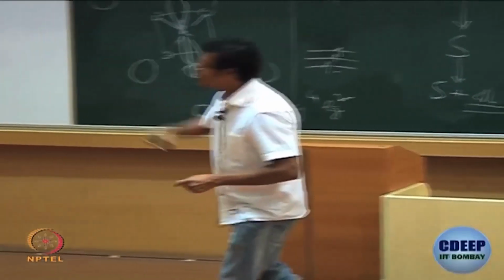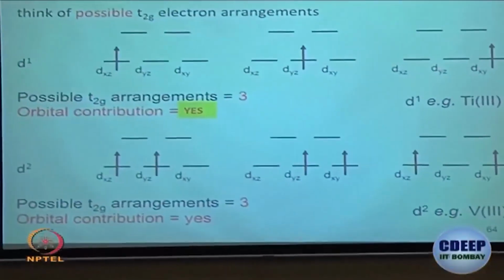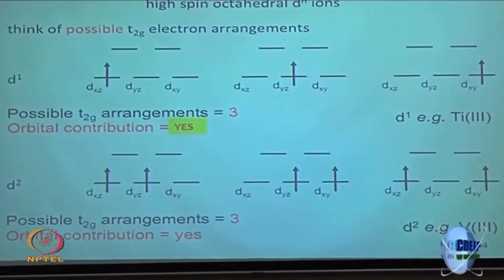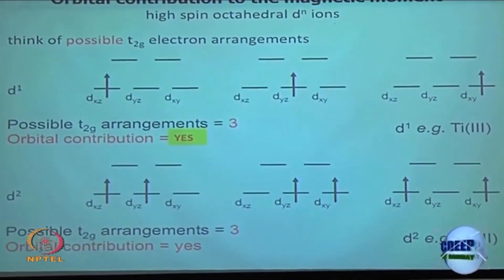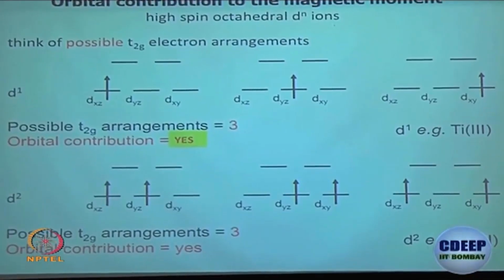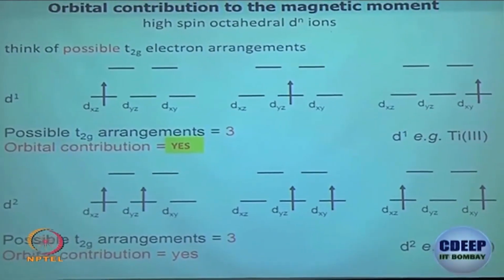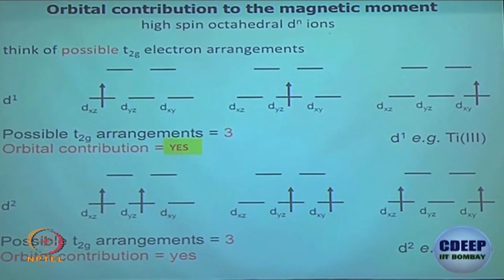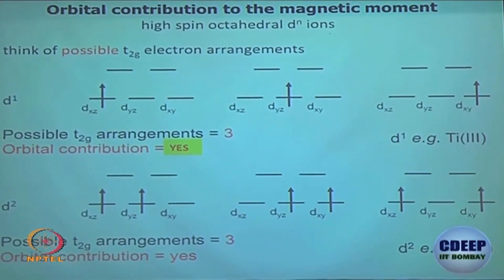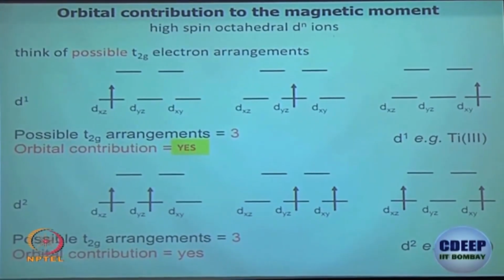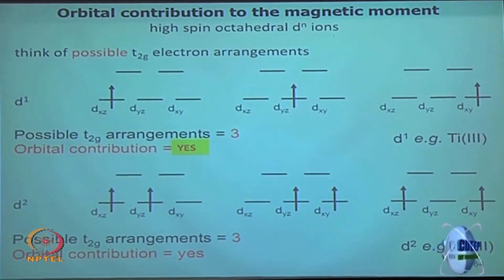Now, in the d2 orbital, as you see, once again, there are three different ways the electrons can be distributed, and therefore these degrees of freedom should give some sort of magnetic moment value, and that is where you can get the orbital contribution.